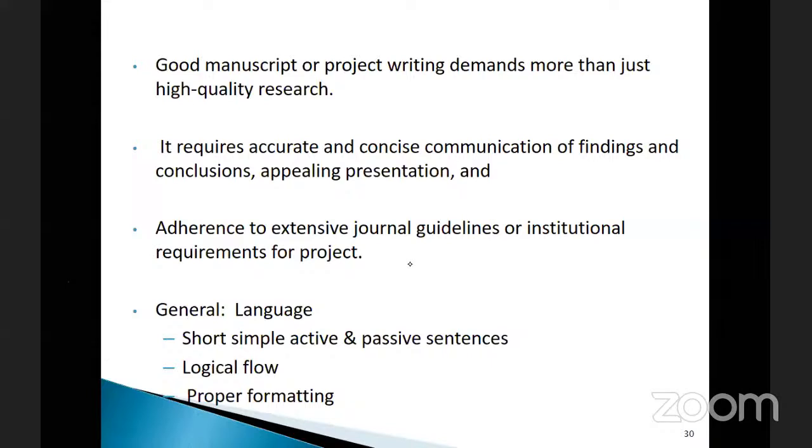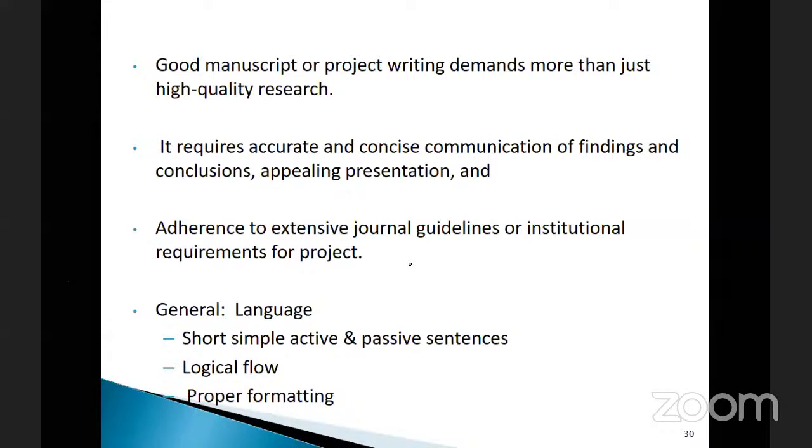So when you write, you can give it to somebody to help you correct some of the grammatical errors. It is suggested that we use simple sentences, active and passive, and active sentences where possible are better than passive sentences. Then you have to have a logical flow.